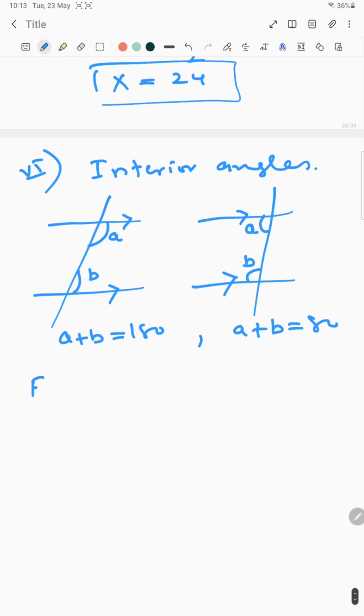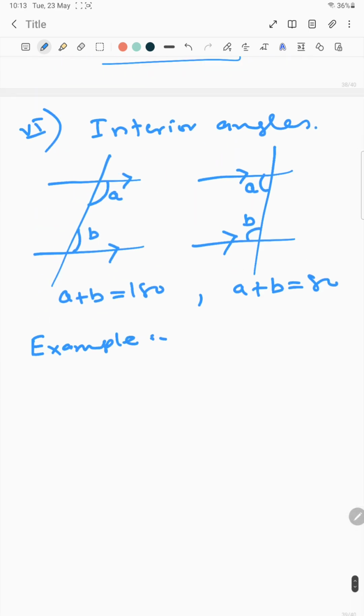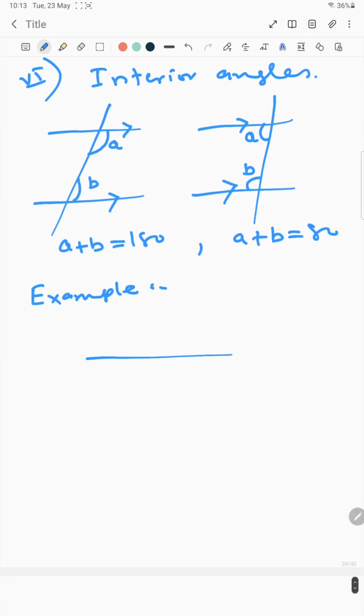Let's take an example. If you have two parallel lines and there is a transversal, one angle is here, 5x minus 14, and the other angle is here, 3x minus 10.